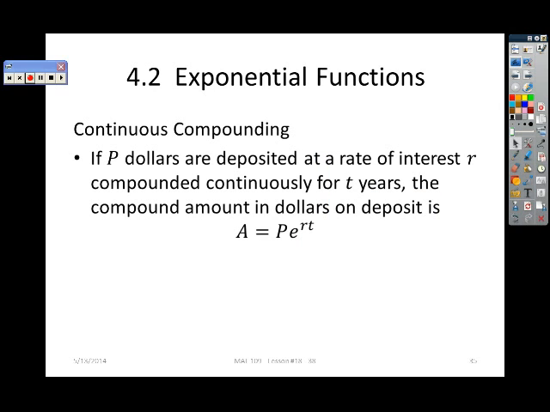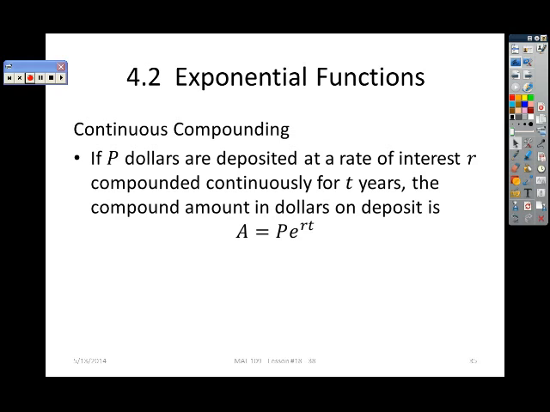You can actually extend the concept of compound interest. We were looking at the situation where we had compounding once a year or twice a year or 4 times a year or 12 times a year or 365 times a year. What happens if you thought about just extending that infinitely?